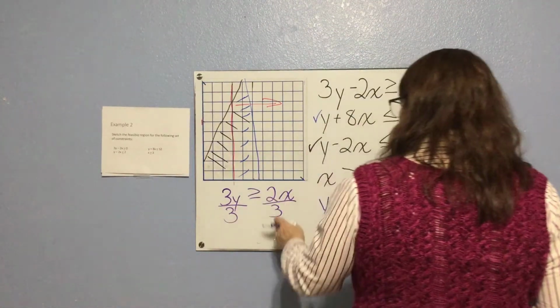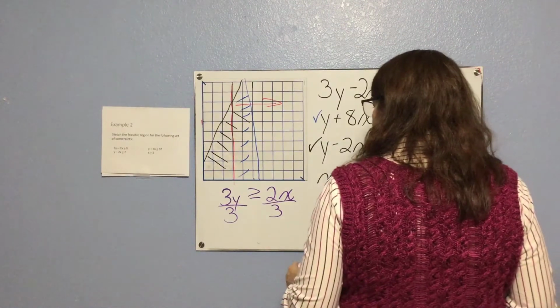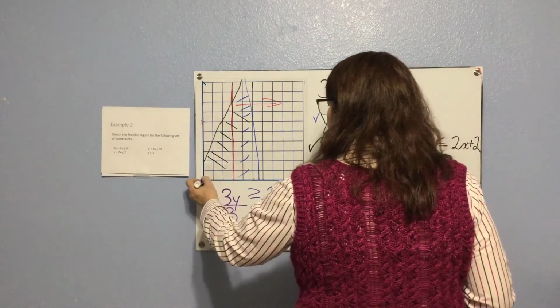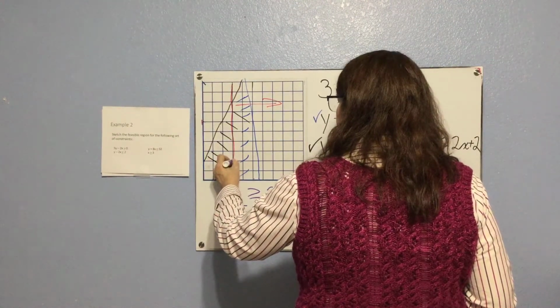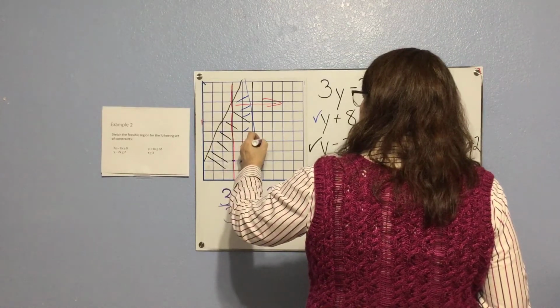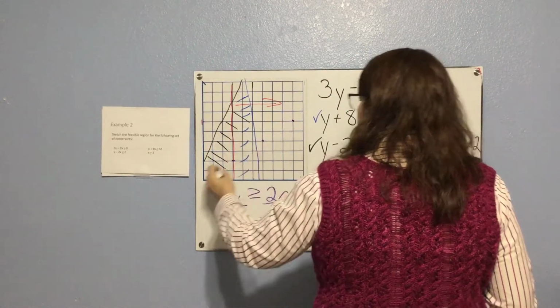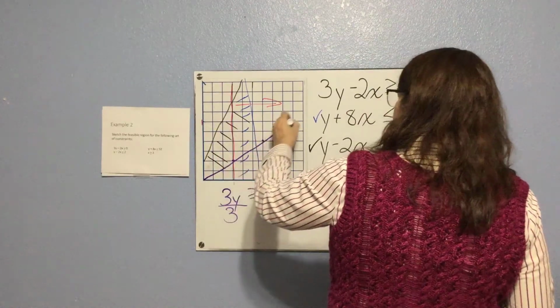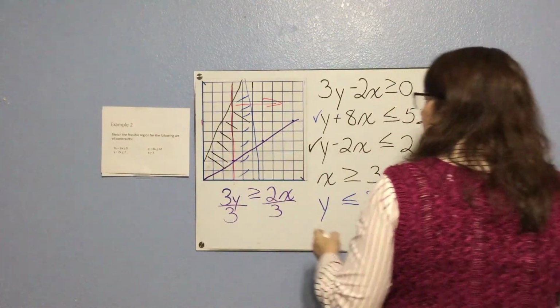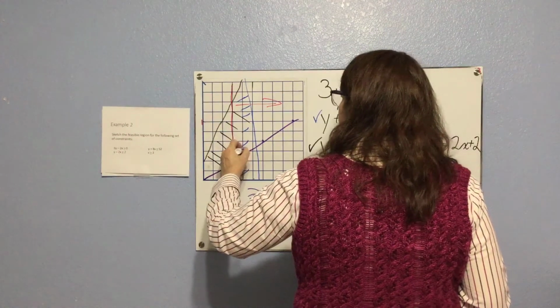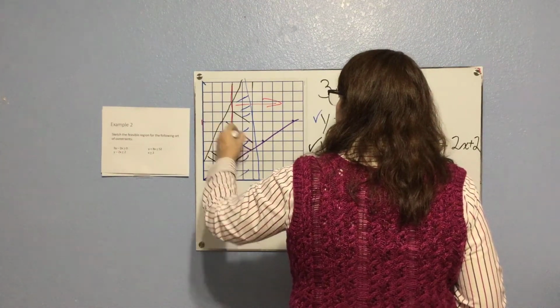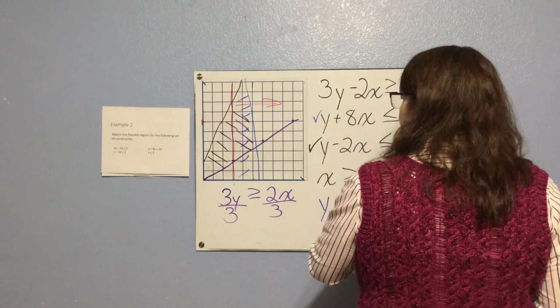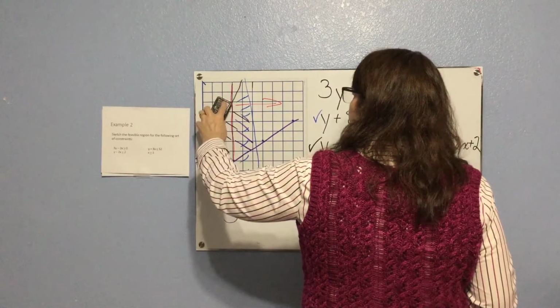So this one comes out of the origin and has a slope of 2 over 3. So it's going to look like this. And we have y greater than, so that's going to go this direction. So let's take a look at our feasible region.